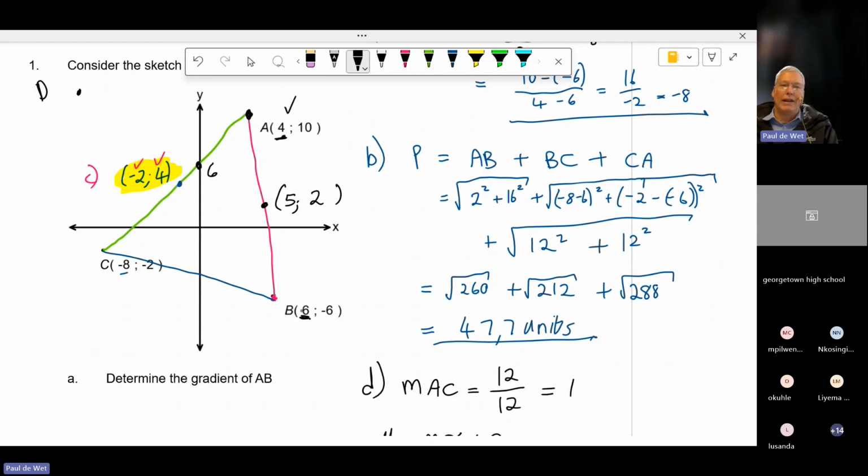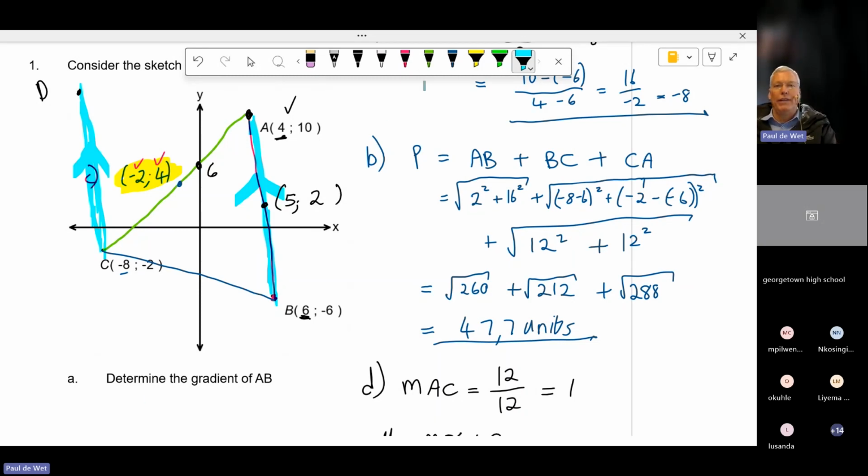Now I'm going to show you a clever way of doing this. Guys, what do we know about the opposite sides of a parallelogram? They are equal and they are parallel. So if I do that, that must be parallel and equal with this, so these two blue lines must be the same.